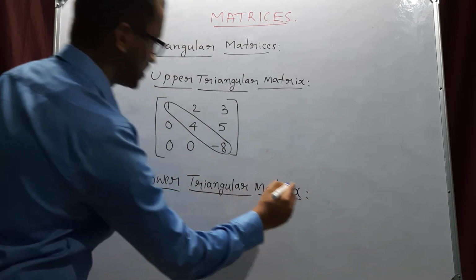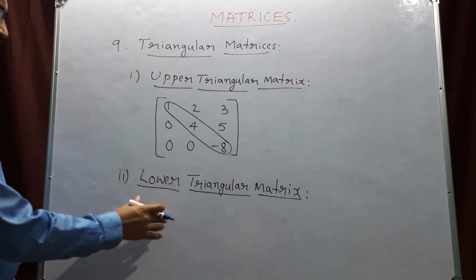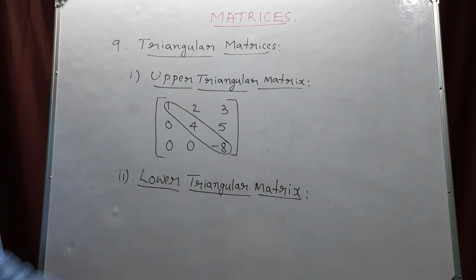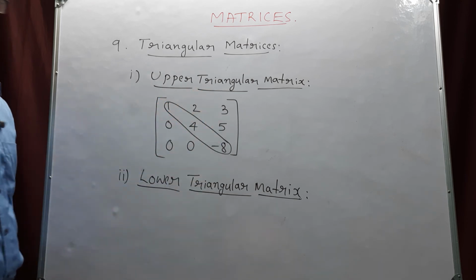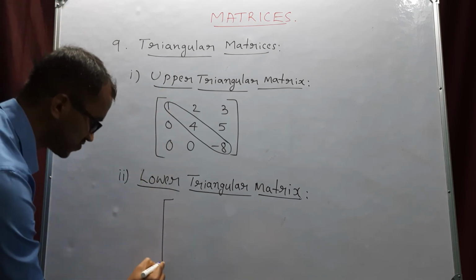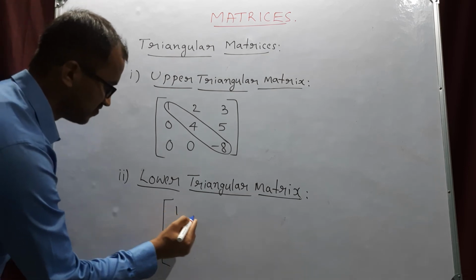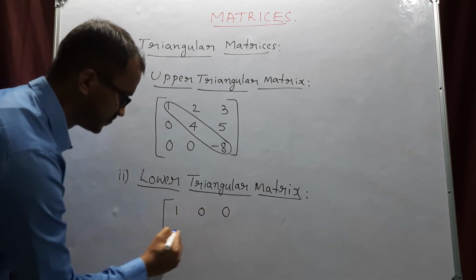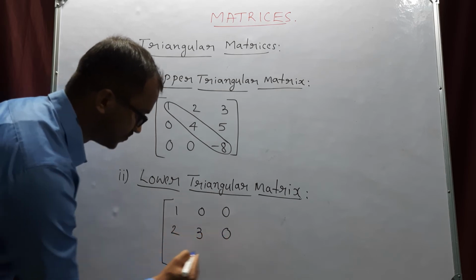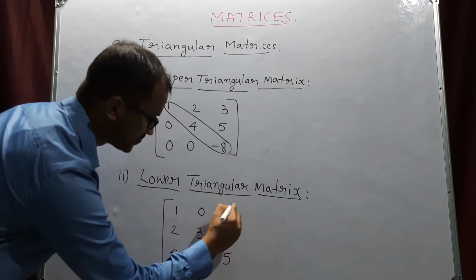A square matrix is said to be a lower triangular matrix if all the elements above the principal diagonal are 0. Suppose I consider a square matrix of order 3: 1, 0, 0, 2, 3, 0, 4, minus 1, 5.